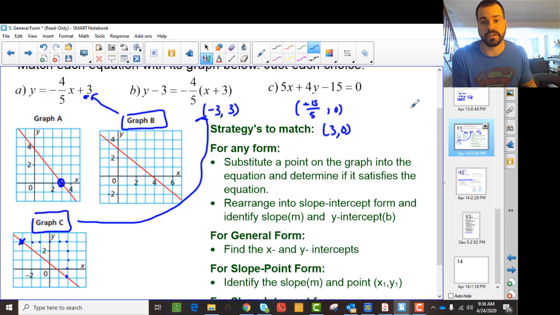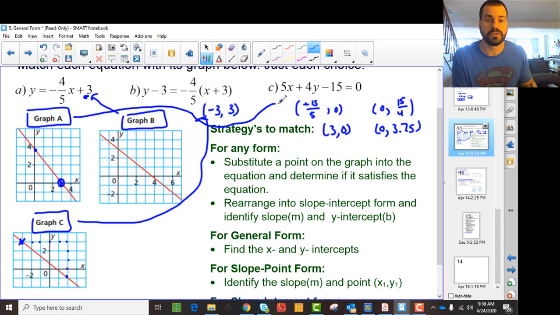Okay, and then we just check the y-intercept as well. The y-intercept would be 0 and 15/4, which if you just divide that, gives you 3.75. So you're getting pretty close to 4. So just to see if that matches, and we say, yes, it does. So that means graph A is that equation.